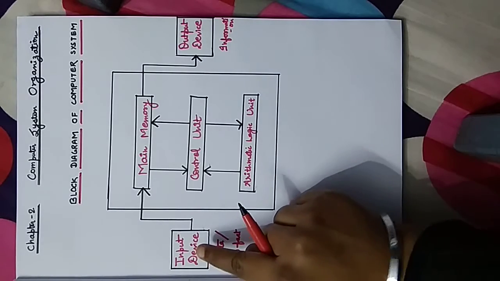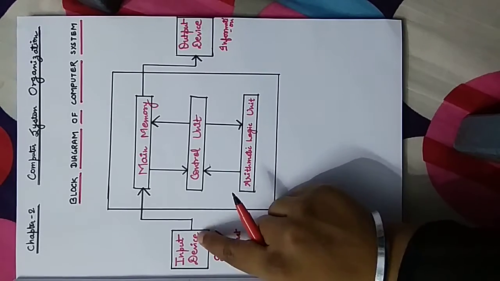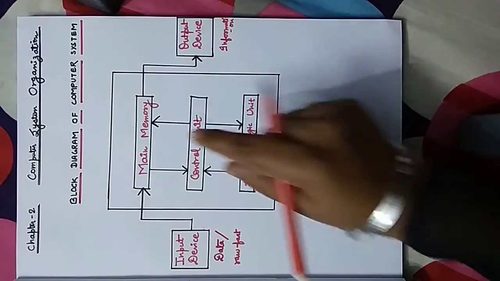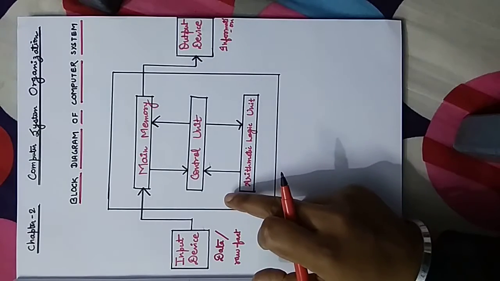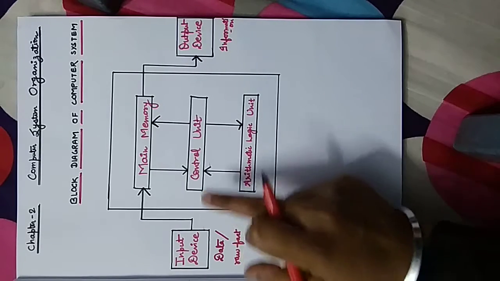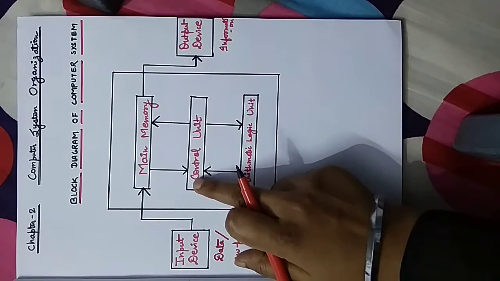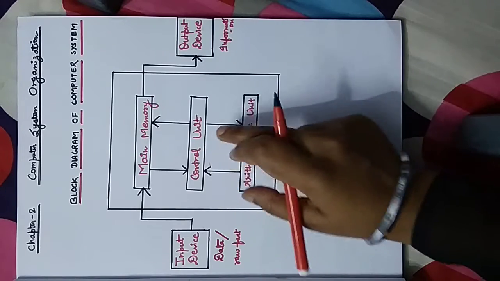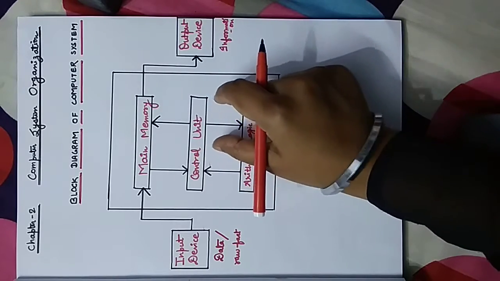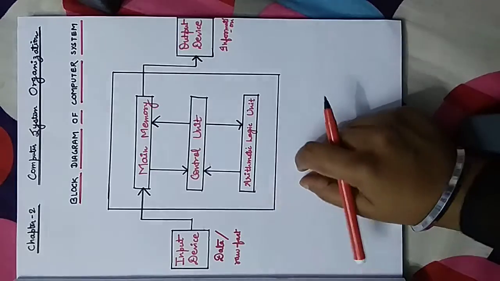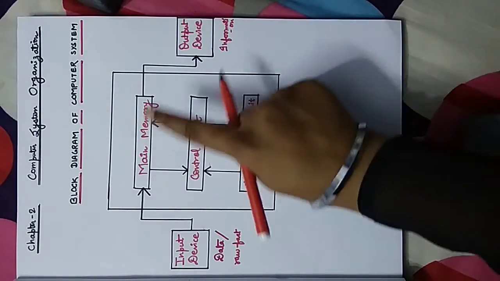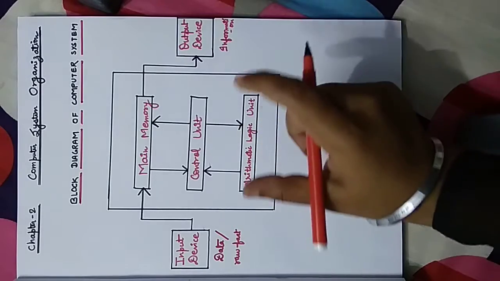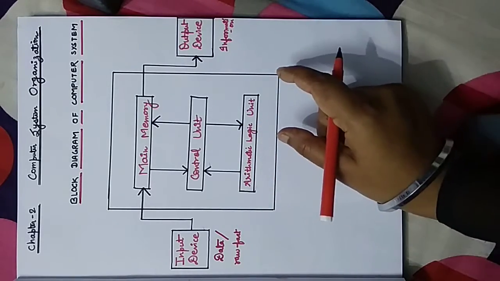Firstly, we enter data with the help of an input device, then it goes to main memory for temporary storage. After this, according to user instructions, the work is done by the control unit, because the control unit is called the supervisor of the computer system; as the name says, the control unit controls all the parts and all the rules and regulations in the computer system.